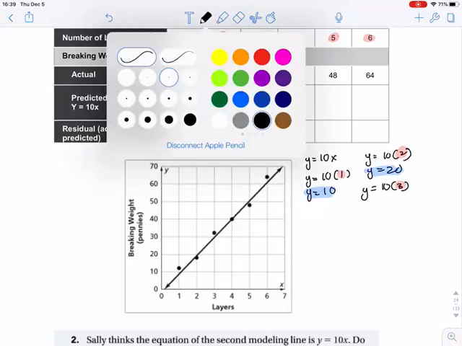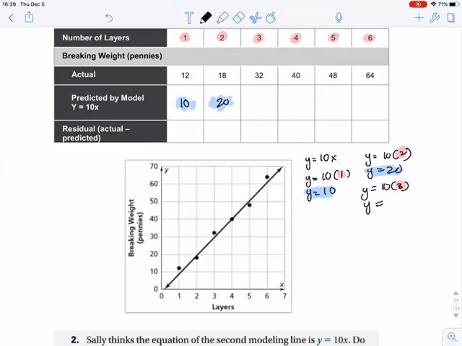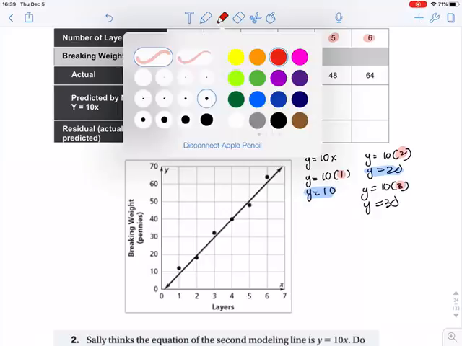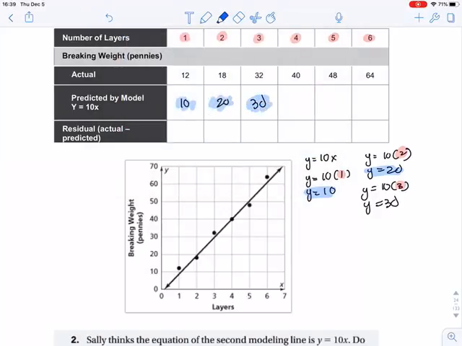You should see a pattern here. y equals 30. I believe I can go on with this pattern without having to do each one of these. This is 40, 50, and then 60. Now we've got to find the difference. We're going to subtract each one of these equations to find our residuals.